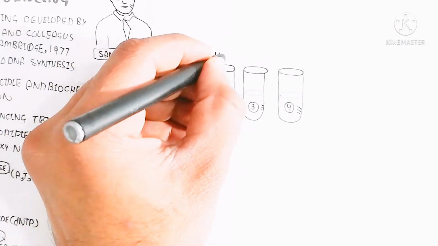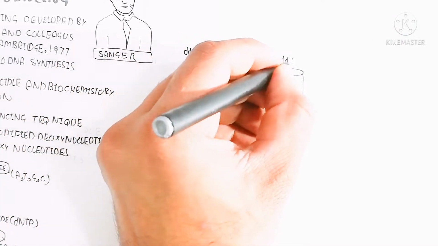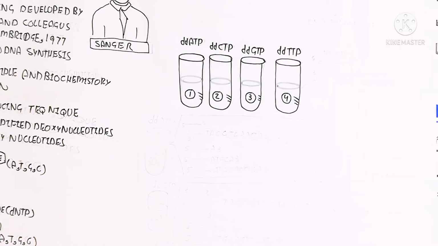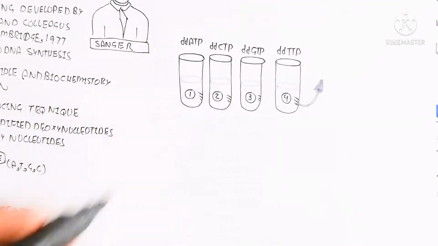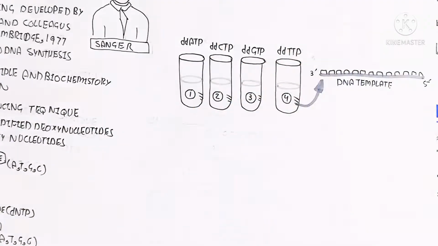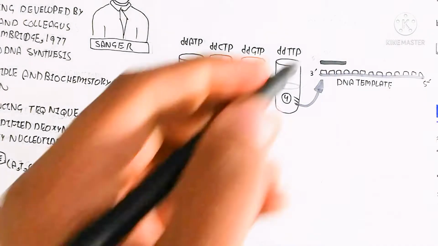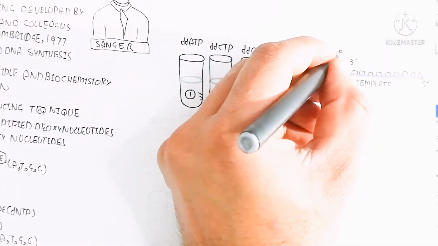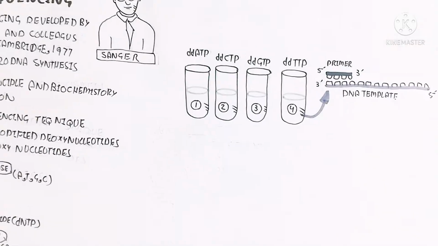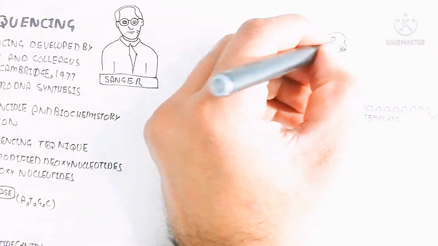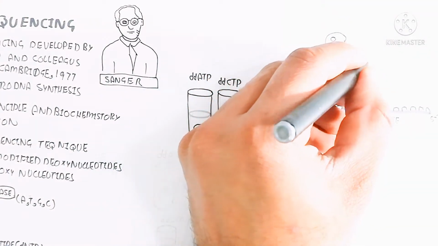But in this case, we are adding the dideoxynucleotide. Each reaction separately contains one dideoxynucleotide, for example ddATP, ddCTP, ddGTP, and ddTTP.